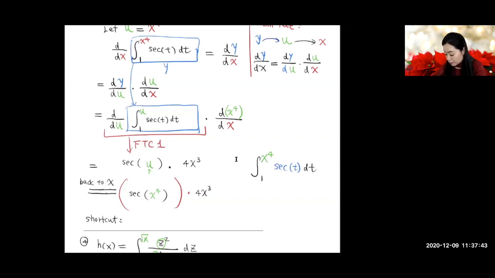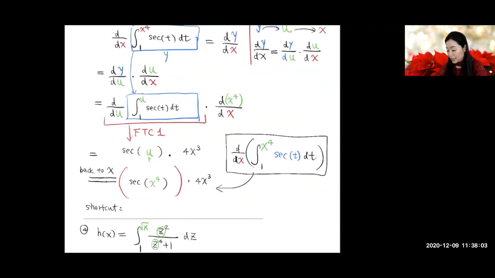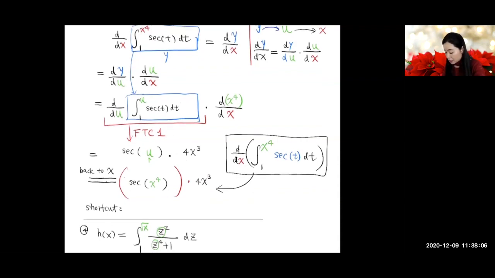And now we differentiate this with respect to x. The derivative of this, you can see the pattern: you replace the t over here by x to the 4, and you get this function right here.